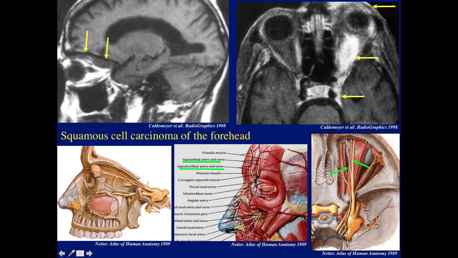So this is perineural spread of a squamous cell carcinoma of the forehead along the supraorbital nerve, the frontal nerve, the ophthalmic nerve, all the way into the cavernous sinus, in the inoperable situation.